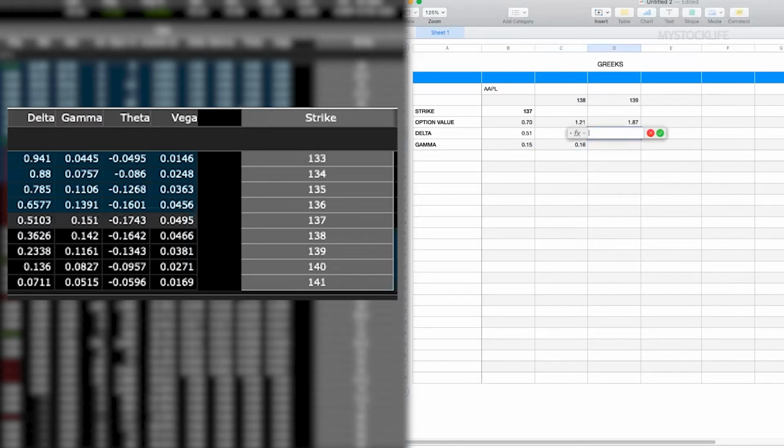So the new delta here would be 66 plus 16. Now, if Apple was to go to 140, now your options are jumping up even higher. 187 plus 82. All right, 269. All right, now your options are going up by more than 100% on a $1 increase in price.